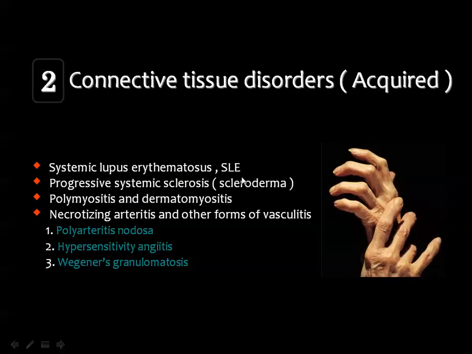The connective tissue disorders will include the systemic lupus erythematosus, progressive systemic sclerosis or scleroderma, polymyositis and dermatomyositis, necrotizing arthritis, and other forms of vasculitis, including polyarthritis nodosa, hypersensitivity angiitis, and Wegener's granulomatosis.